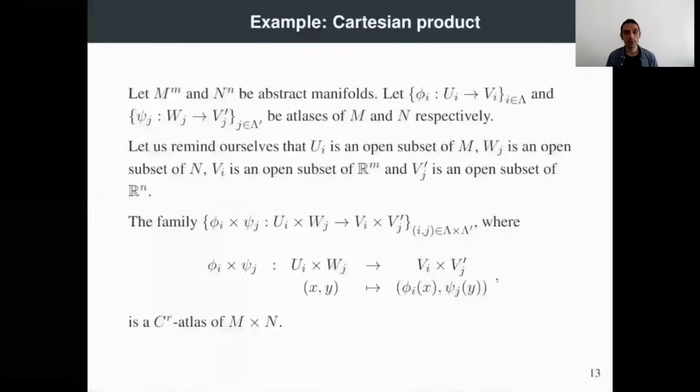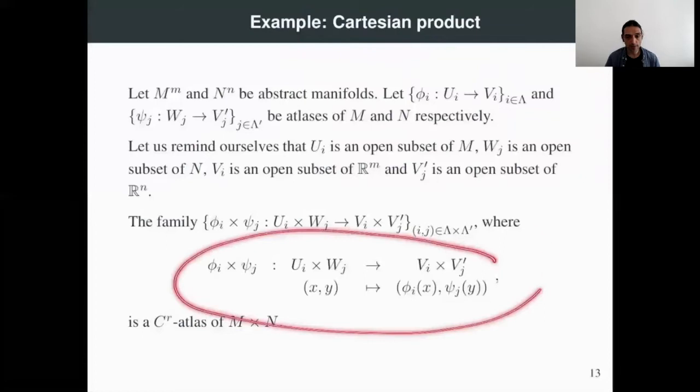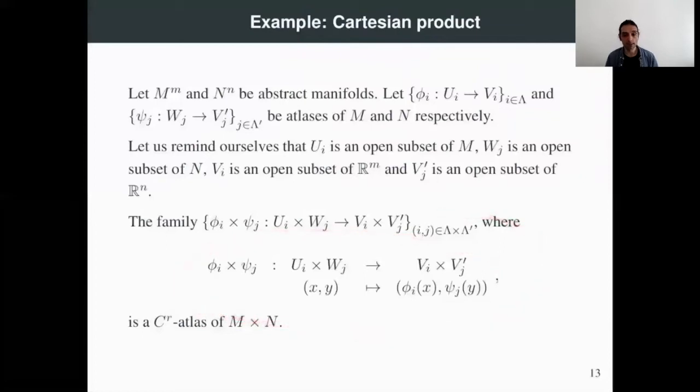And we consider the following family. The family phi sub i times psi sub j. What does that mean? It is written over here, the definition of such map. It sends a point x, y, where x belongs to U sub i and y belongs to W sub j, to the obvious map.